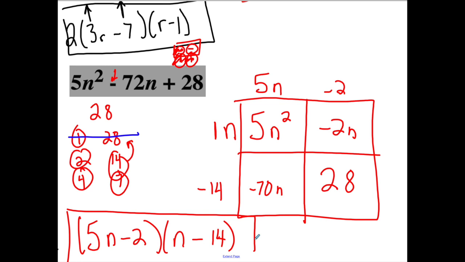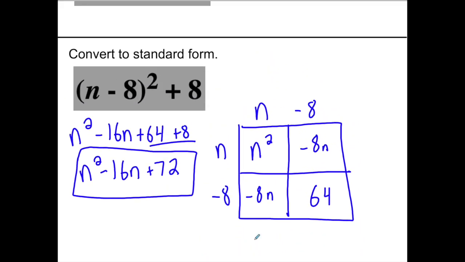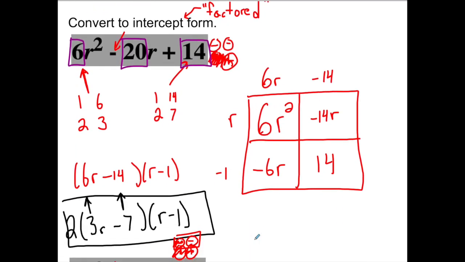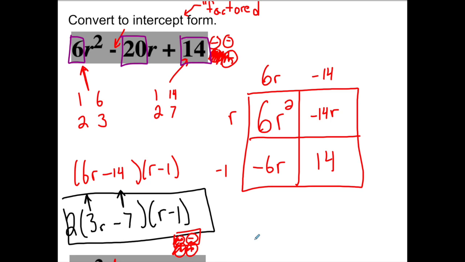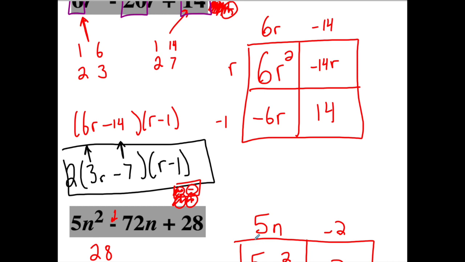So these are our three answers here. We have, first of all, the conversion, n squared minus 16n plus 72. Here we have converted to standard form. At this point, I would probably accept 6r minus 14 times r minus 1, but we do need to get in the habit of removing things like that.